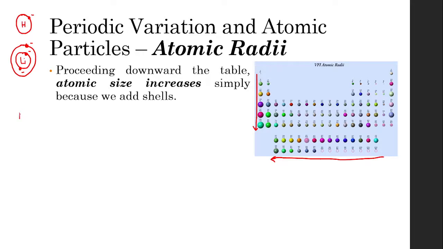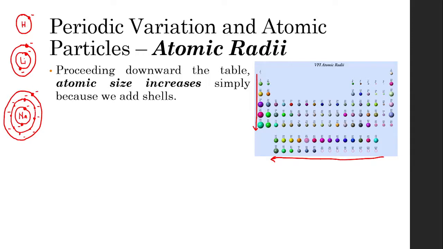Let's go a little lower. So you have your sodium. It will fill its first shell, and then it will fill its next shell with 8 electrons: 1, 2, 3, 4, 5, 6, 7, 8. So that's 10. And then it will have its third shell, wherein its last electron will be found.